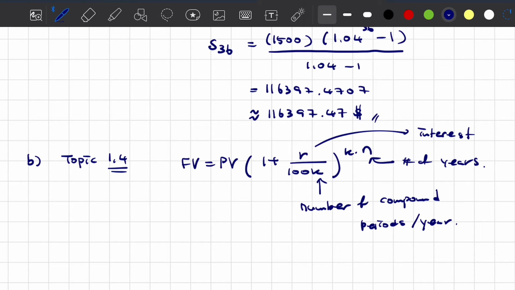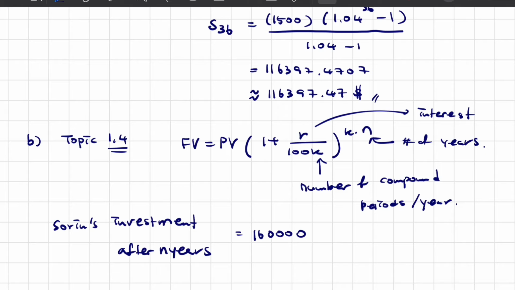So for question B, since we need to calculate Soren's investment after n years, we can start with what he has first, and then we do 1 plus the interest, 5 over 100. The number of compounding periods per year is 12, and to the power of 12 times n.